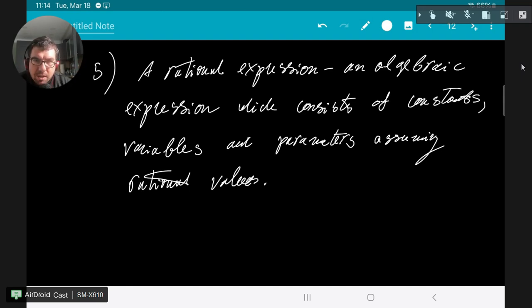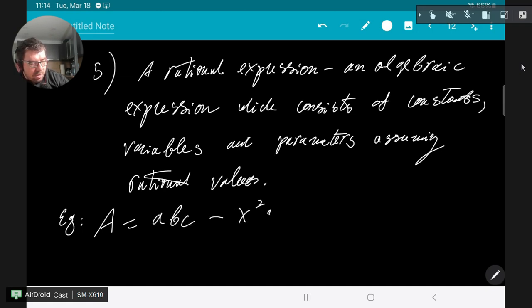multiplication and division, and that's your rational expression, okay? Just throw in some numbers and it counts as a rational expression. So throw in some letters and numbers. So this is A, this is a rational expression. A B C minus x squared y over z. Okay, I'm just throwing random numbers.